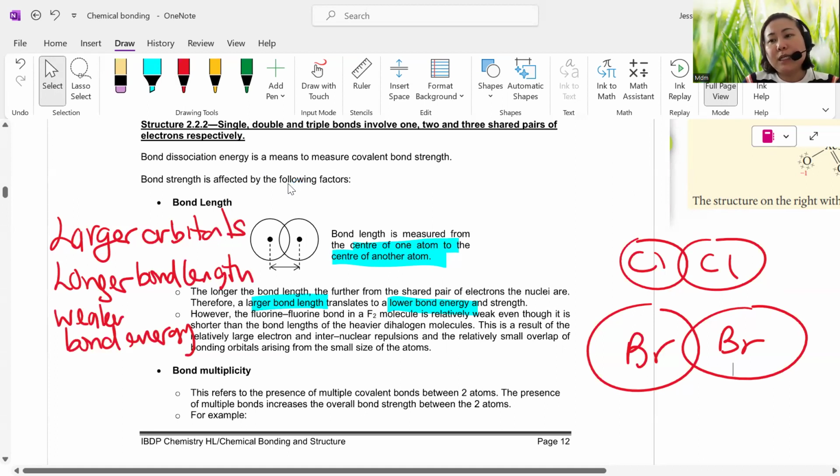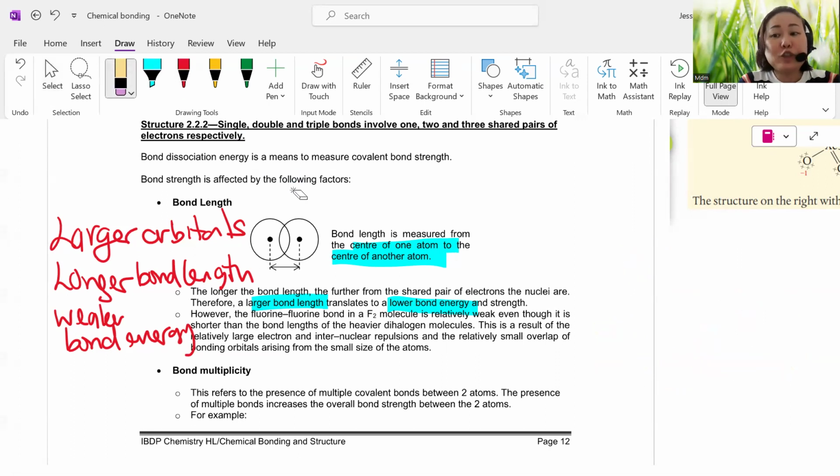So this phenomenon is quite significant when it comes to double bond. So therefore, you will see that elements which are further down the group do not tend to form double bond. So let me give you an example. Example will be nitrogen.